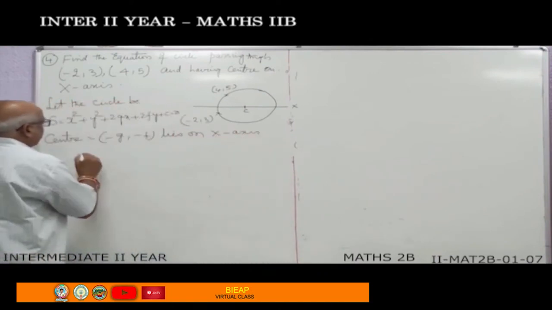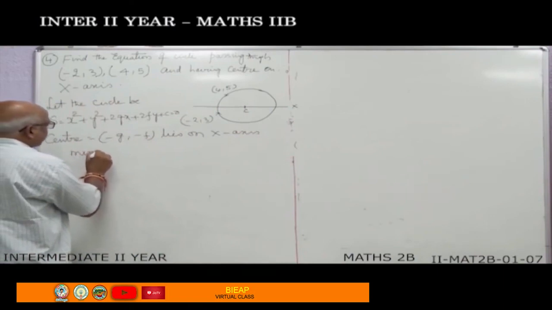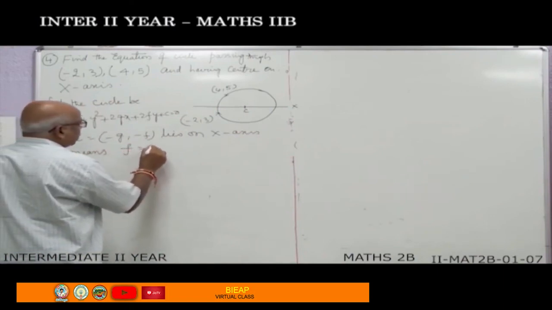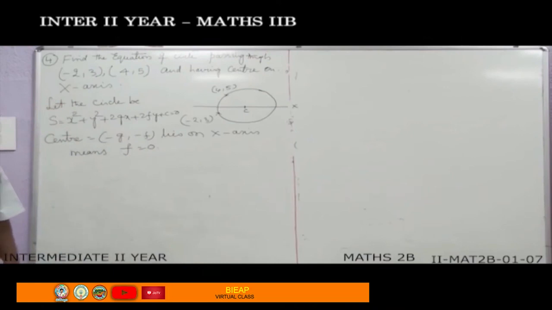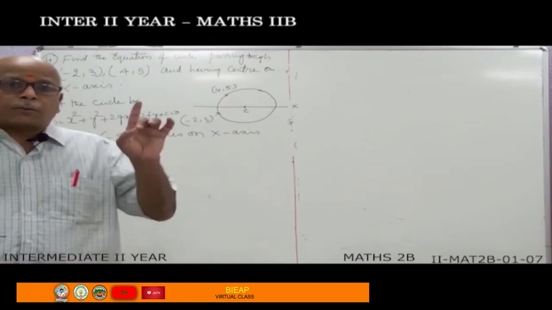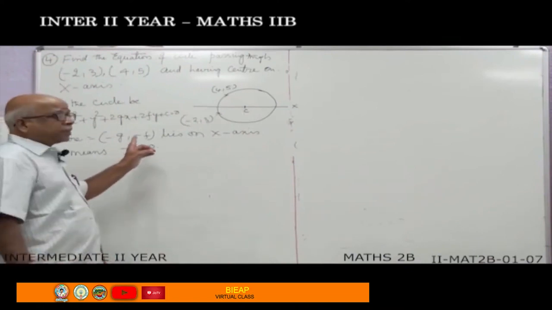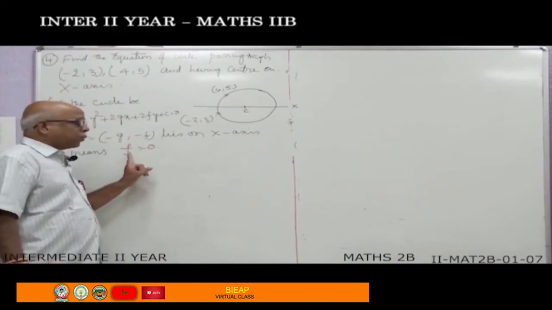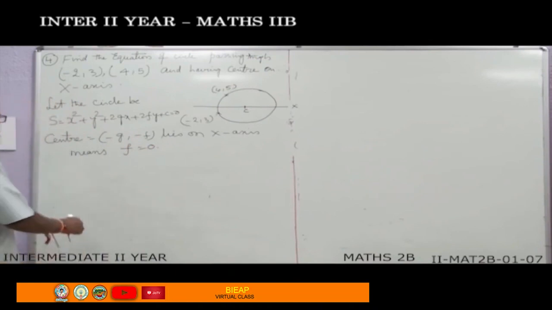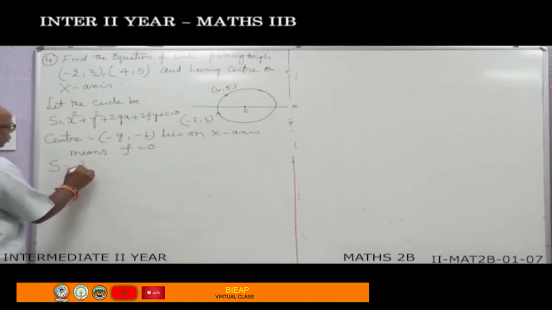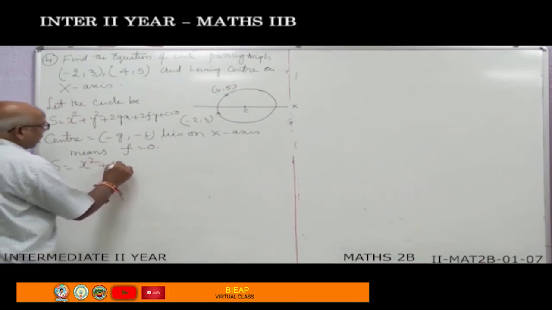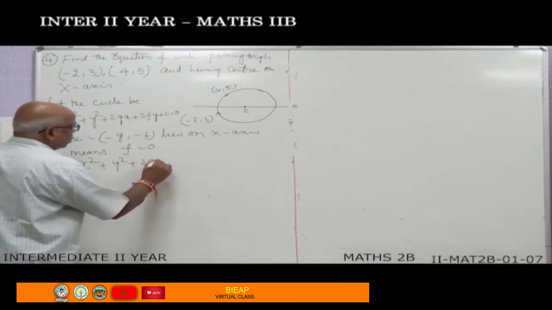Means f equal to 0, because for any point lying on x-axis y coordinate will be 0. That's why y coordinate of the center is minus f. Therefore, f equal to 0. Circle equation is reduced to the form x square plus y square plus 2gx plus c equal to 0.